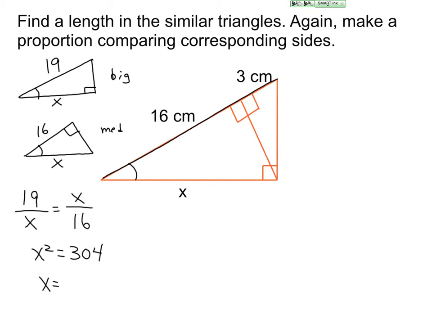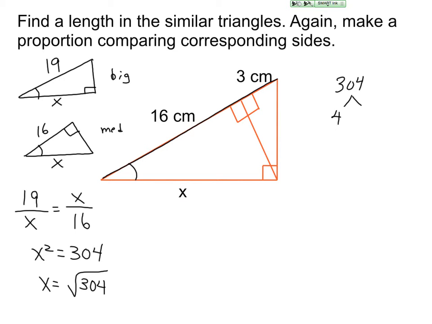Do we want positive and negative? Just positive. Typically, you don't want to go to decimal because it's not going to be the exact value. So reduce radical. 304 factored. 4 times how much?